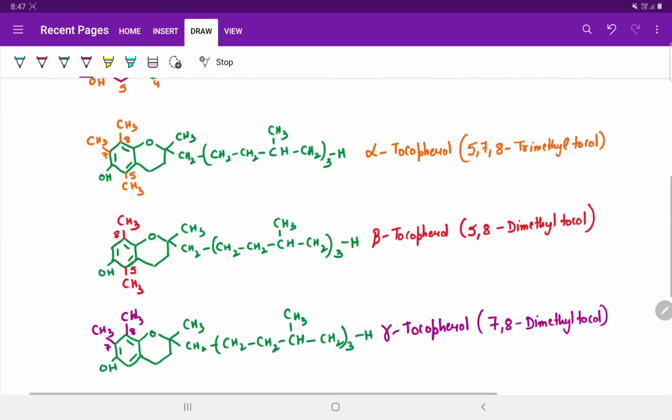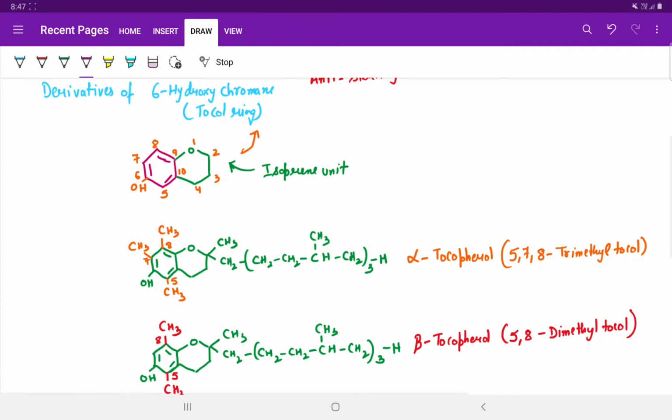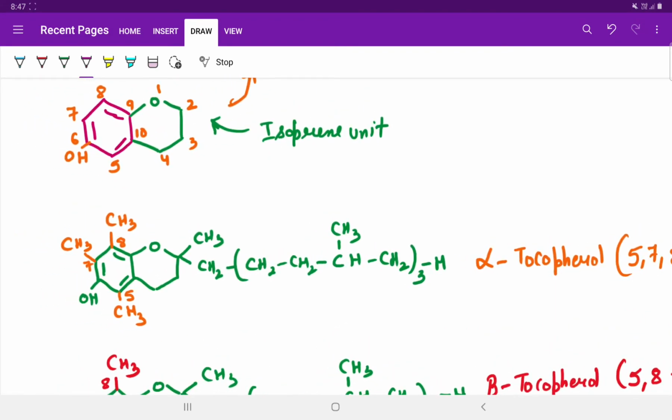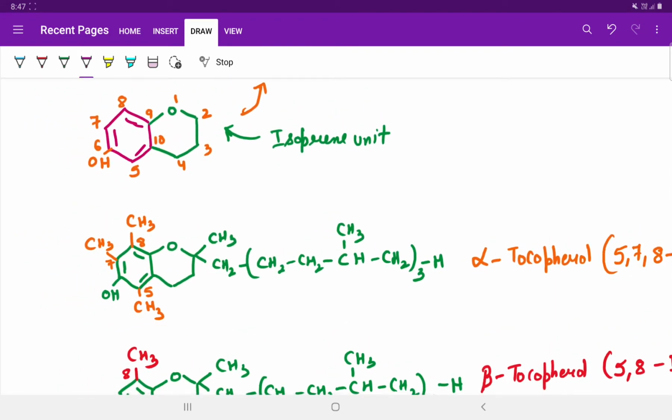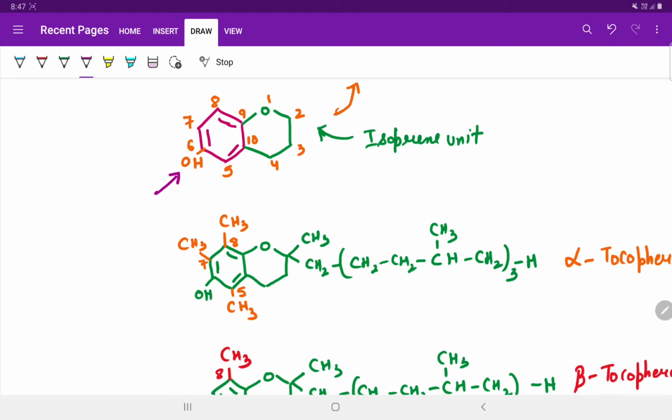So students, these were the 3 major types of the tocopherols: alpha, beta and gamma. The attachment of the methyl group generally determines what kind of tocopherol it is. The antioxidant property is due to the hydroxyl group in the chromane ring. We can see here that the antioxidant property is due to this OH present at the 6th position.